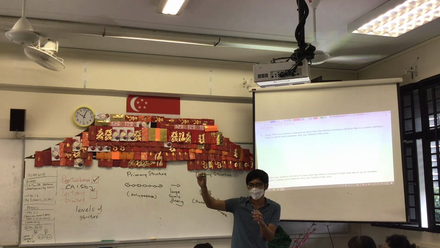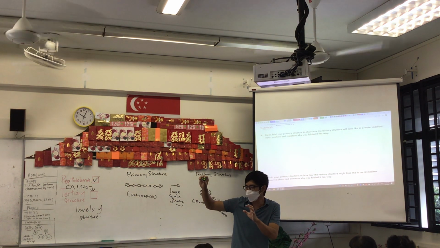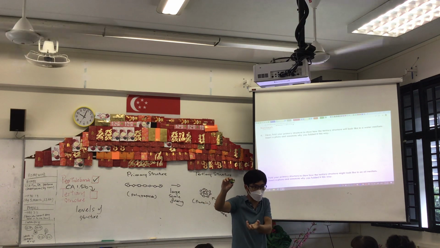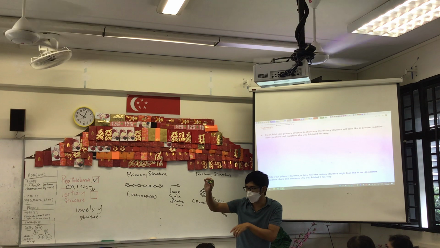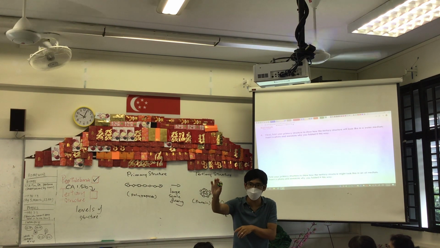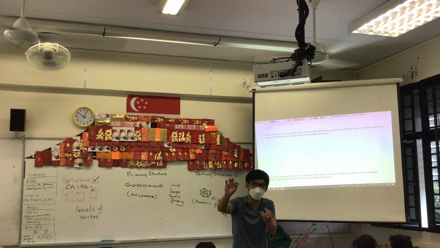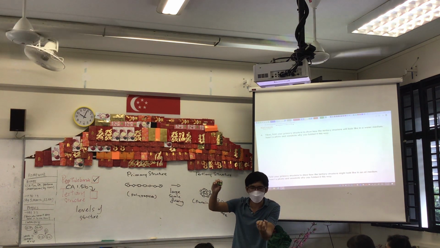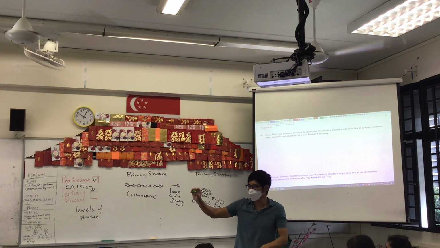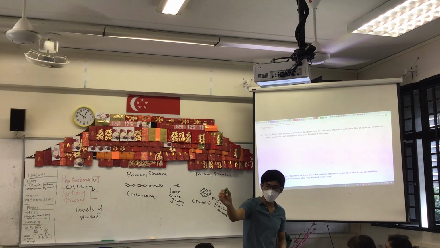So you tuck and hide the hydrophobic parts inside. Actually, what the students have just formed is a globular shape. A globular shape is a shape that is like a globule. Not really a fixed shape, but it's clumpy. That's the best way I can describe it. A globular shape.